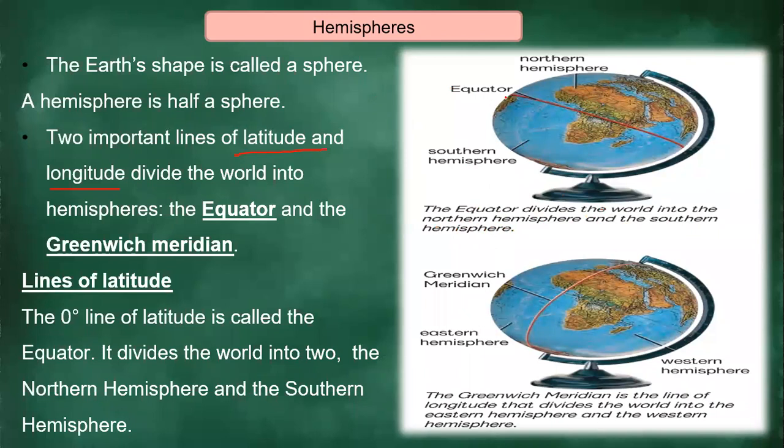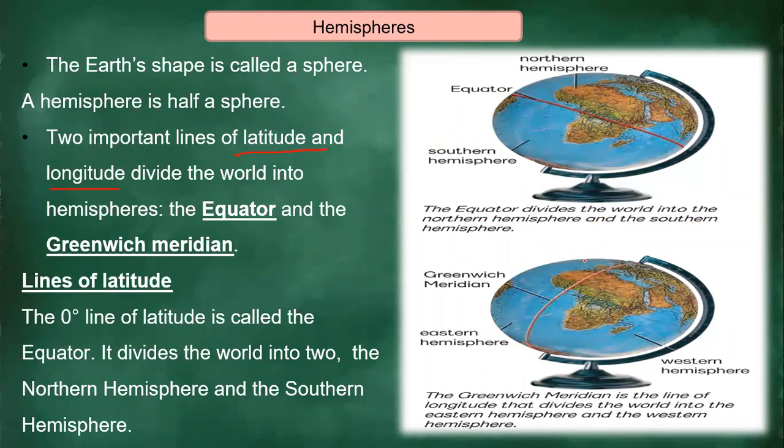So the equator will divide, and the upper side will be the northern hemisphere, and the bottom part will be the southern hemisphere.